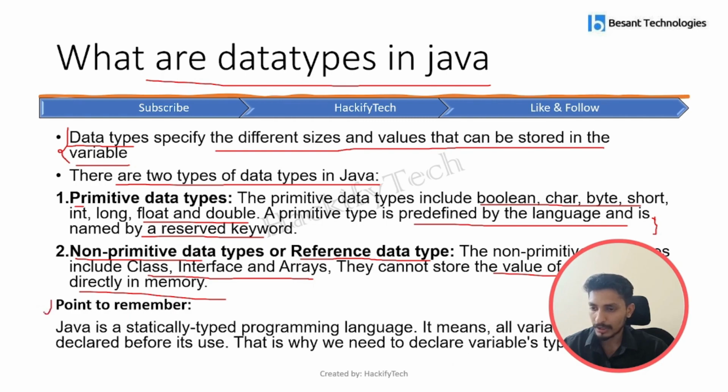One more very important point is that Java is a statically typed programming language, which means that when writing a program, we first have to define the variable and then we have to use it. That is what a statically typed programming language is.